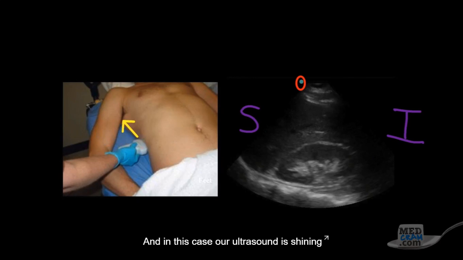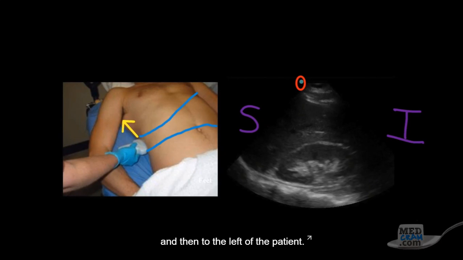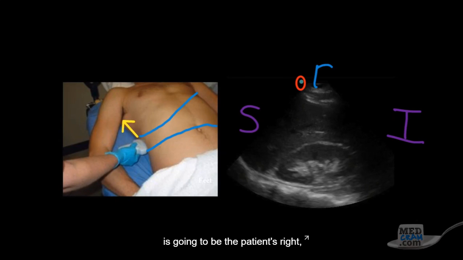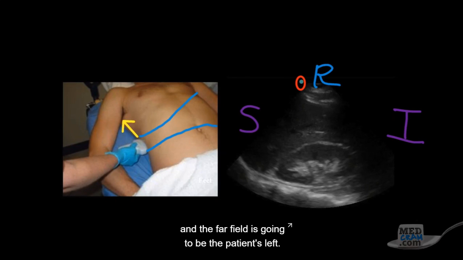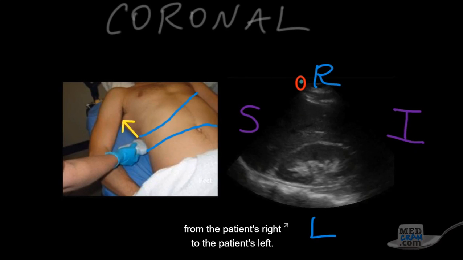And in this case, our ultrasound beam is shining from the right side of the patient toward the midline and then to the left of the patient. Therefore, the near field or the top of the screen is going to be the patient's right, and the far field is going to be the patient's left. And this is a classic coronal slice from the patient's right to the patient's left.